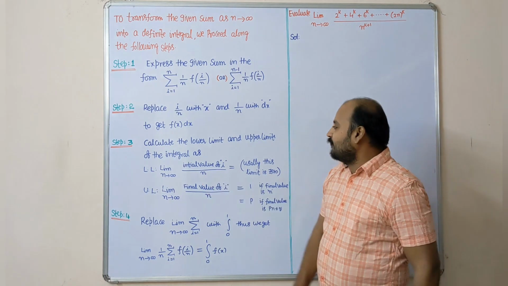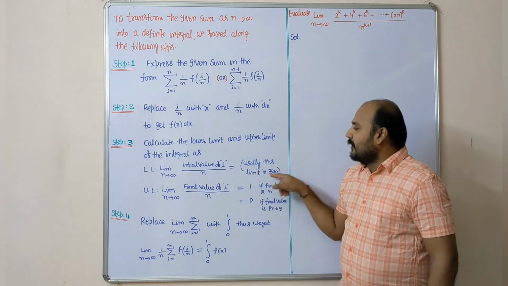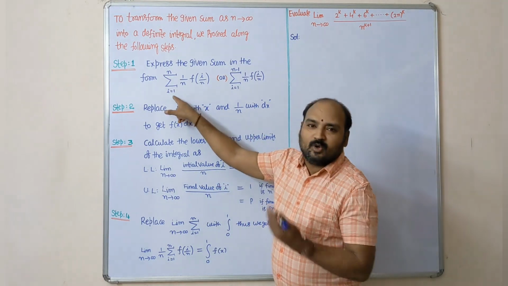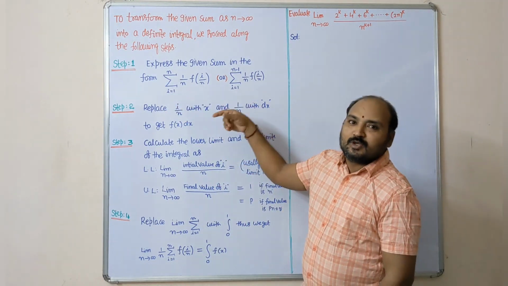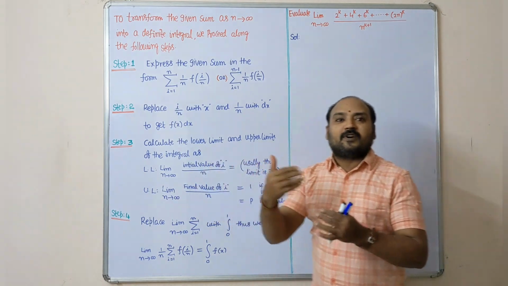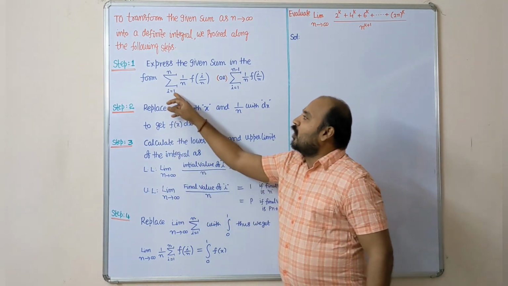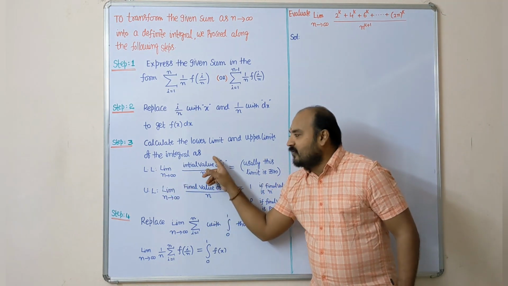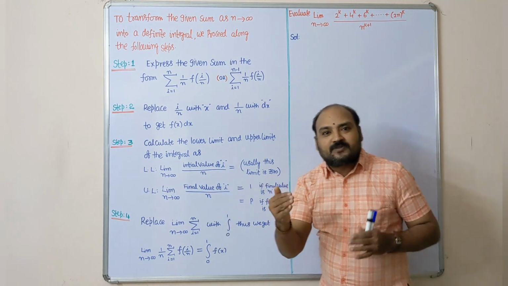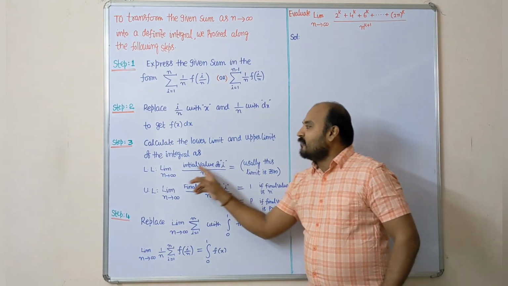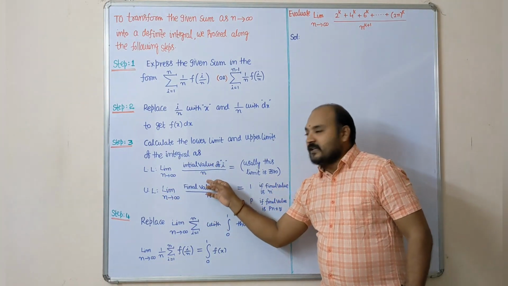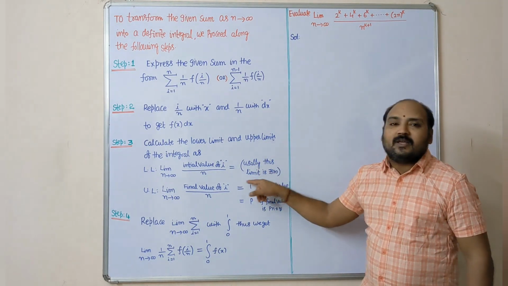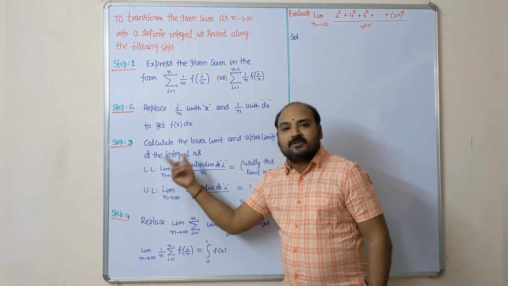The initial value of i is always 1. So 1 by n, as n tends to infinity, tends to 0. In limits in first year Mathematics 1B, we learned that as n tends to infinity, 1 by n tends to 0. That's the reason this limit usually goes to 0. The lower limit becomes 0.